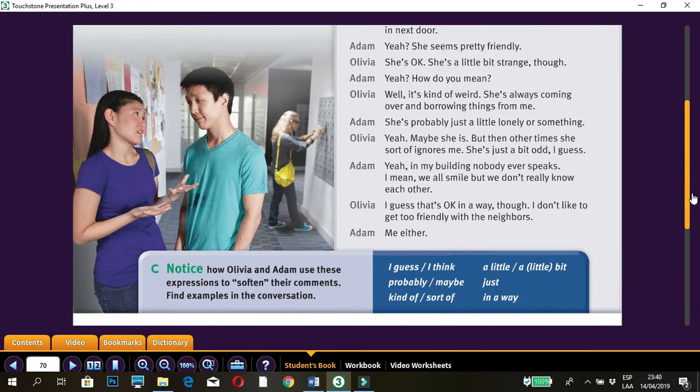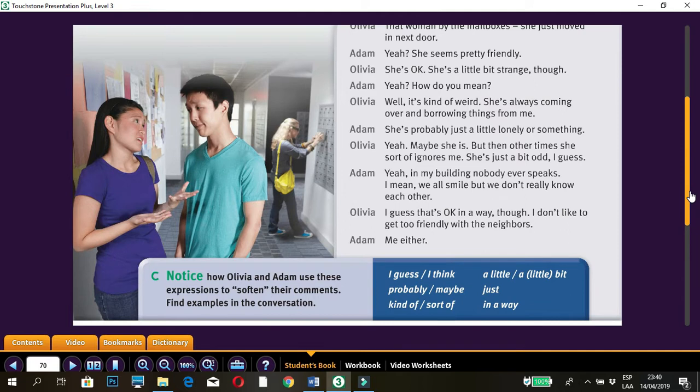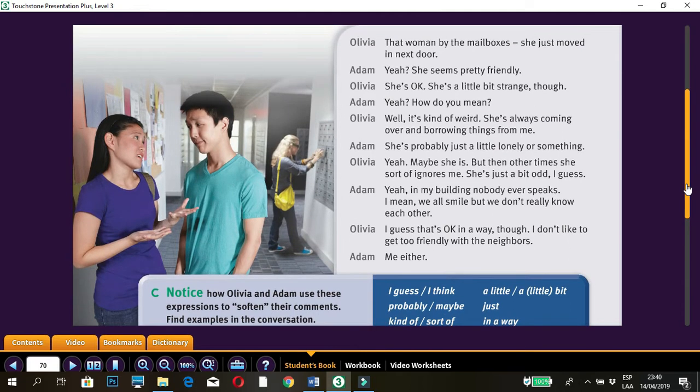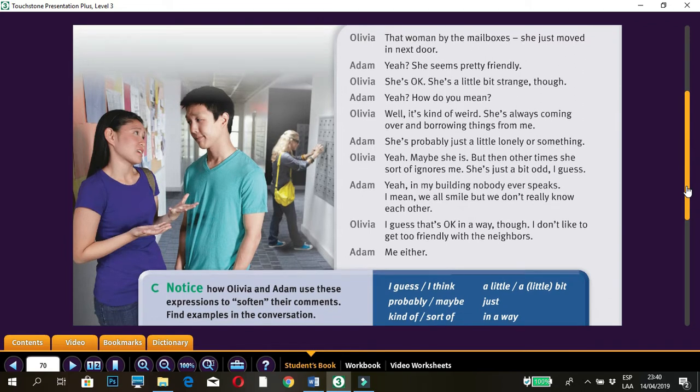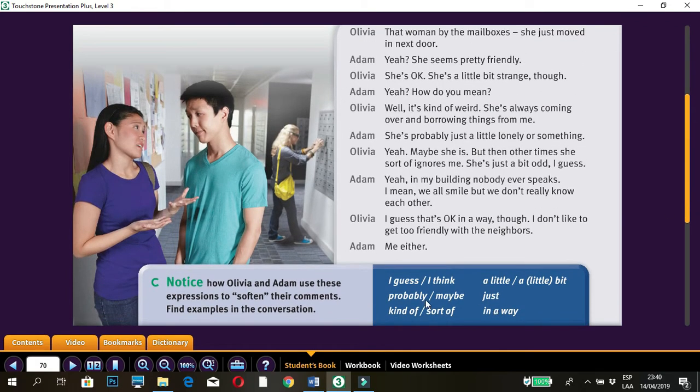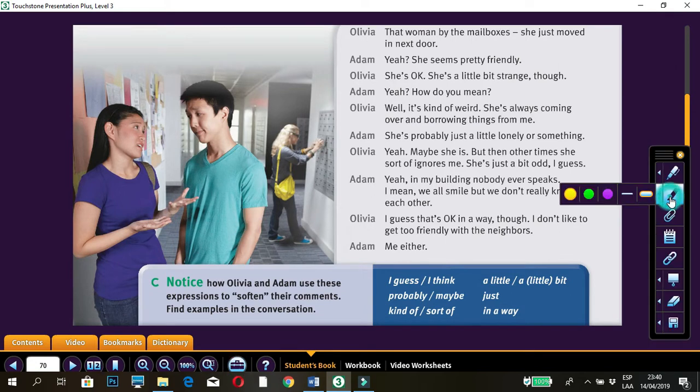Very good. Now, what I want you to do is notice how Olivia and Adam use these expressions to soften their comments. Look at these examples here. I'm going to highlight them so you see them in the conversation.